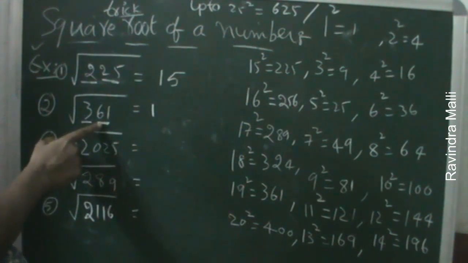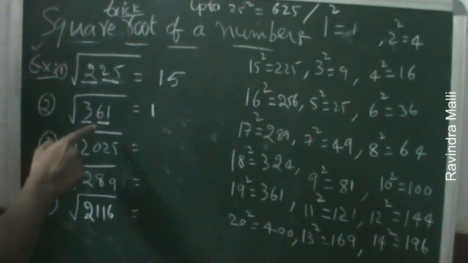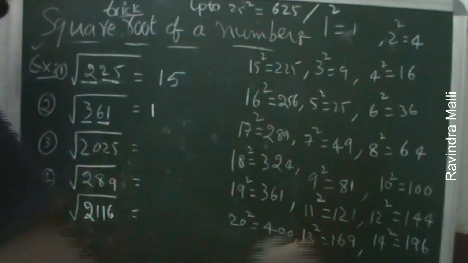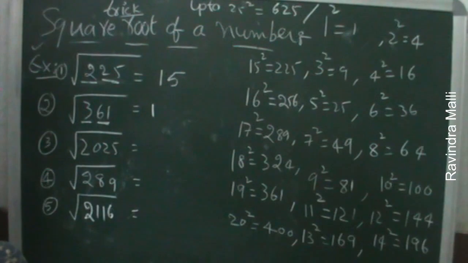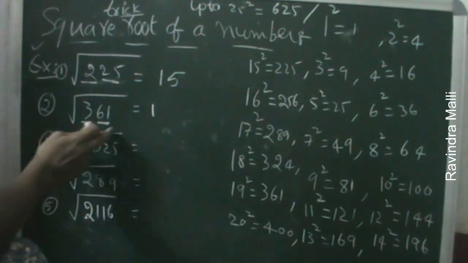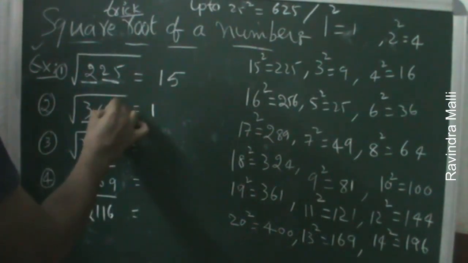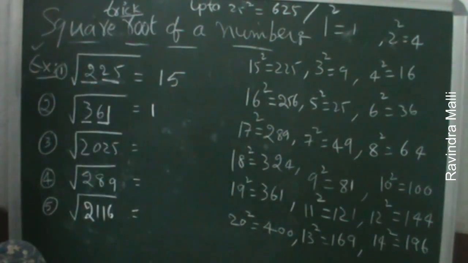And now I want to find the square root of 61, and we see the last digit is 1.